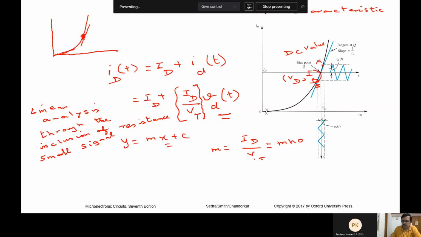Most often in the lab, you will do it at room temperature. You will typically take VT to be equivalent to 25 millivolts.